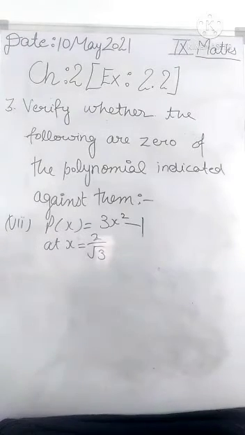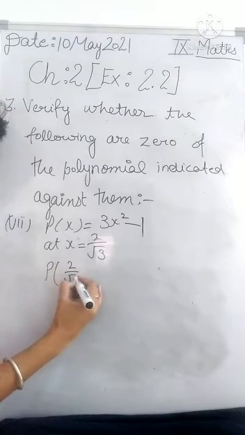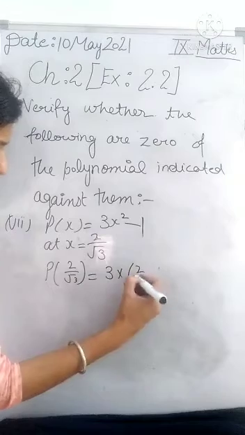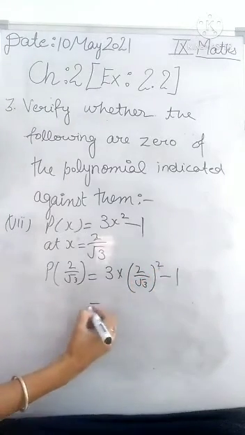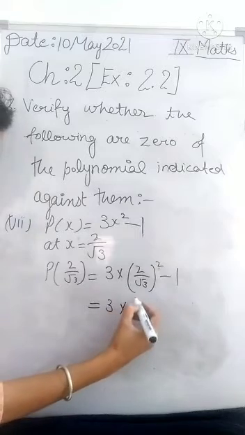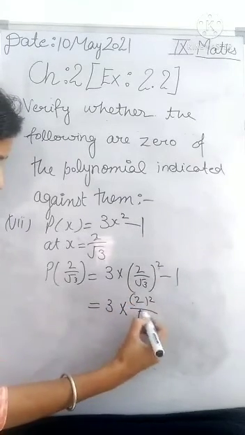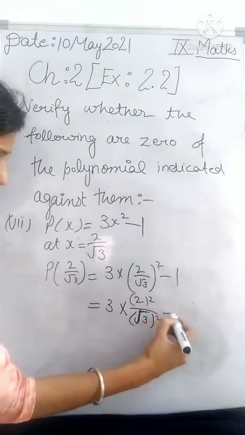I will check whether x equals 2 by under root 3 is a 0 of the given polynomial or not. Now here I substitute 2 by under root 3 at the place of x. 3 multiply bracket 2 by under root 3 whole square minus 1. So here 3 multiply 2 square. I separate the whole square with the numerator and denominator. Under root 3 square minus 1.